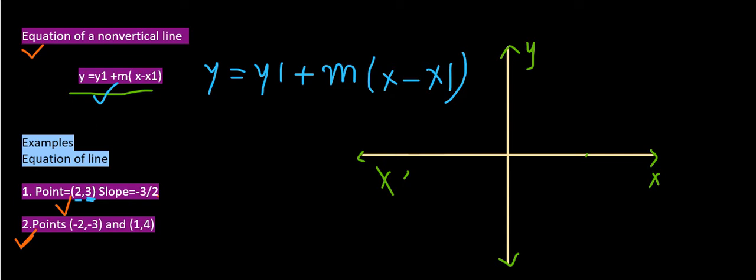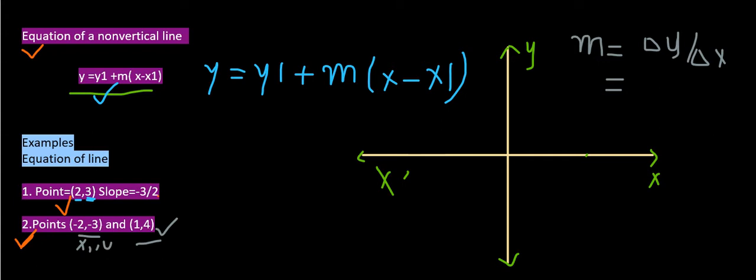So second example, we need to find the slope by using these 2 points over here. m is equal to delta y over delta x. Suppose I am taking the x1 and y1, and the second point will be x2 and y2.